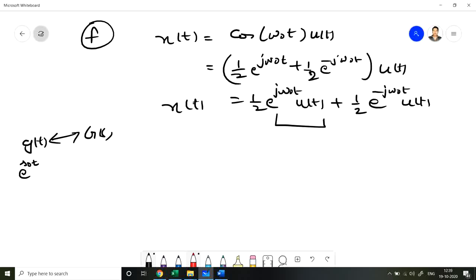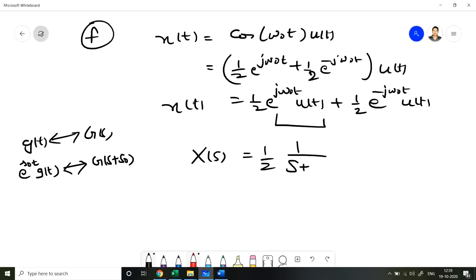s into G(s). So we need to find the Laplace transform of u(t), and the Laplace transform of u(t) is 1 by s, with real part of s greater than 0. Then the Laplace transform of du(t) by dt is nothing but s into 1 by s.